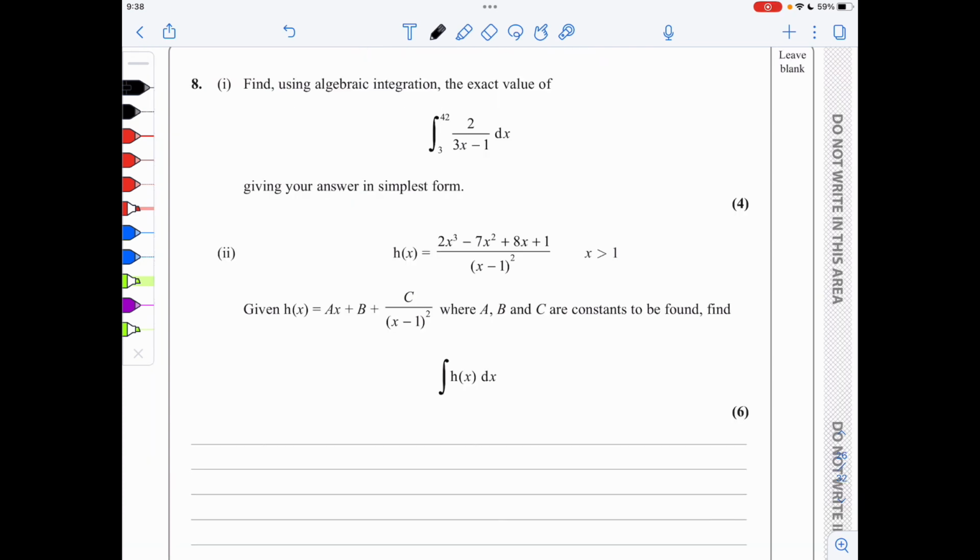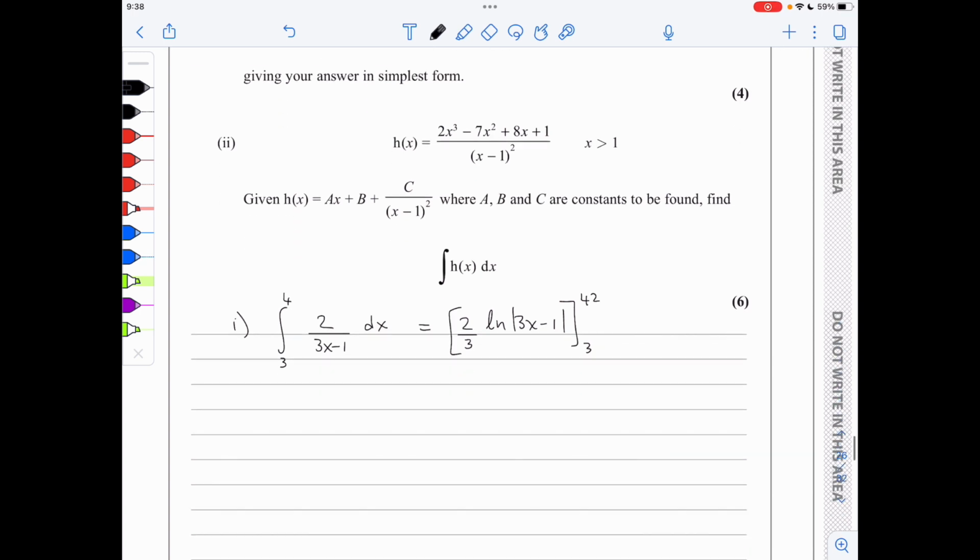In question 8, we need to find the exact value of this integral. Now the integral of 2 over 3x minus 1 is a standard integral, as it gives us an answer that involves ln. So it's going to be 2 ln of 3x minus 1. And I also need to divide by the derivative of the inside. And I'm integrating from 3 up to 42.